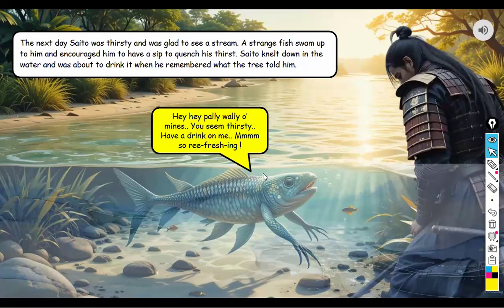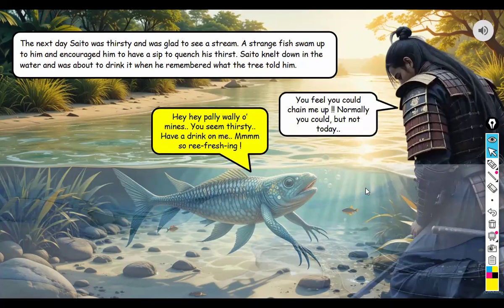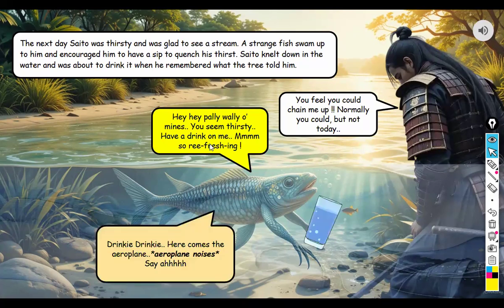Right? So the fish here is trying to chain him up to drink some water, but Saito is smarter than that. He knows if he drinks the water that belongs to the island, bad things are going to happen. He even has a cup of water to give him.